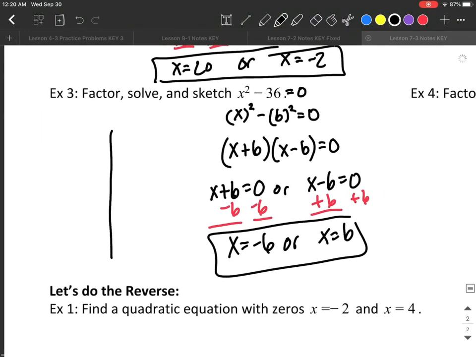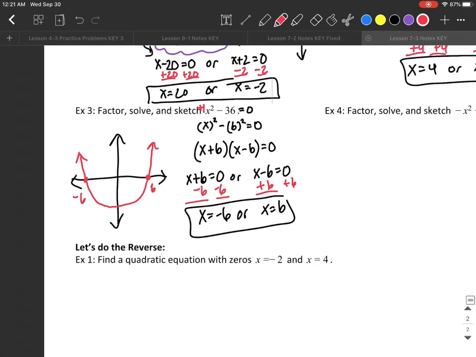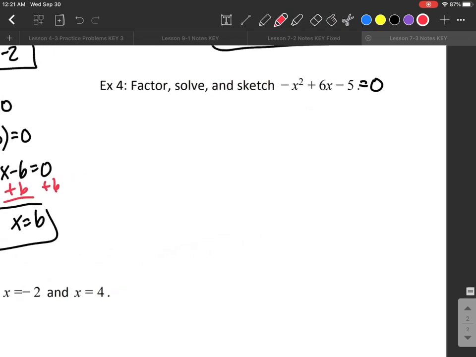And to sketch what that would look like, I know that I would have an x-intercept at 6 and at negative 6. Then I would attach those in an upwards curve because, again, I have a positive coefficient for x squared.